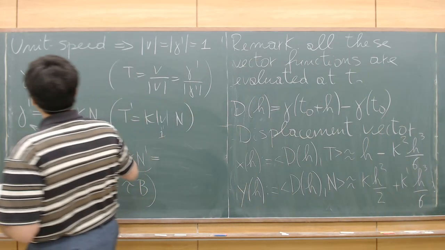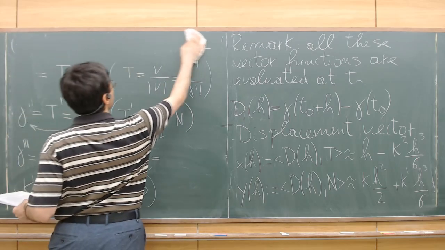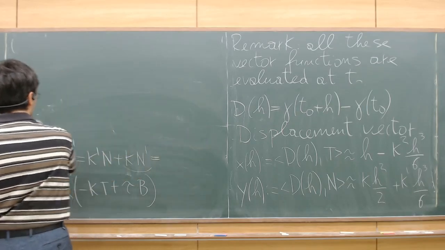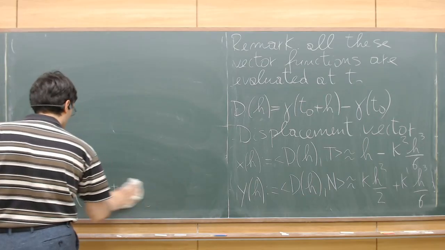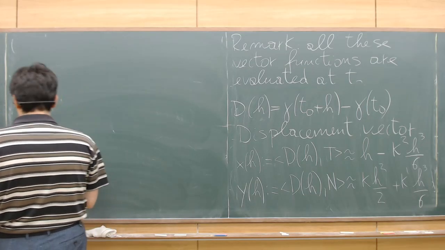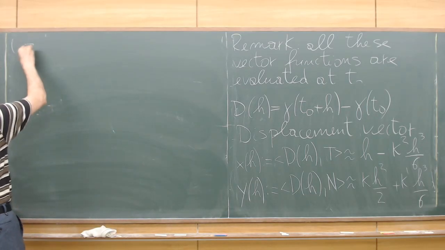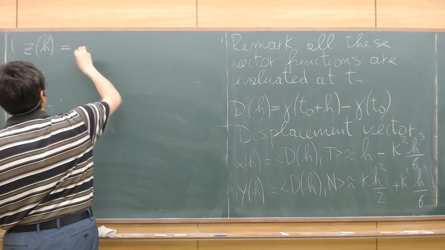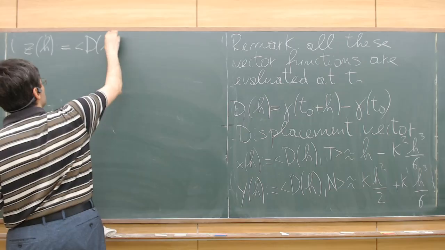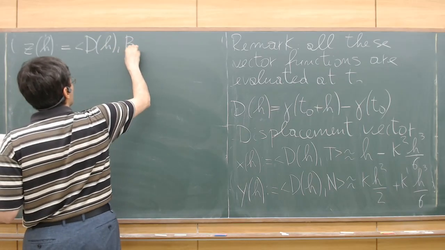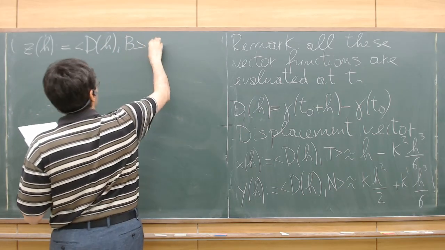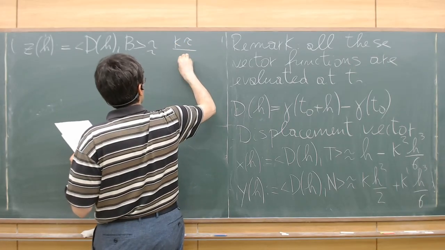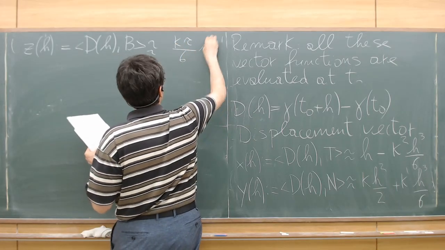And the last function is z of h, defined to be the inner product of d of h with B, approximately equal to k tau over 6 times h cubed.